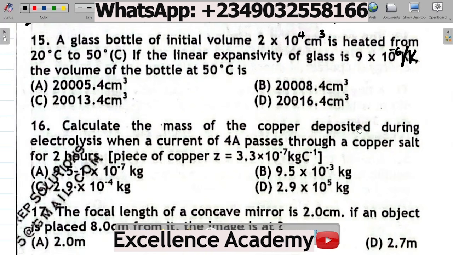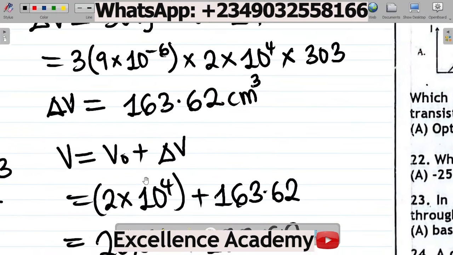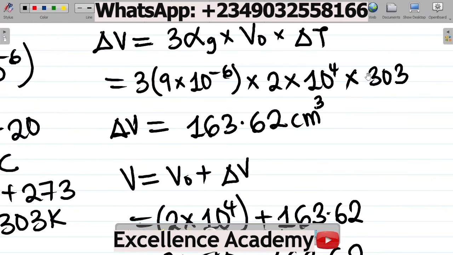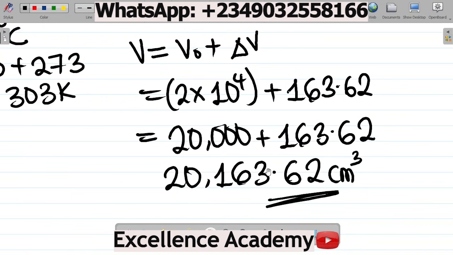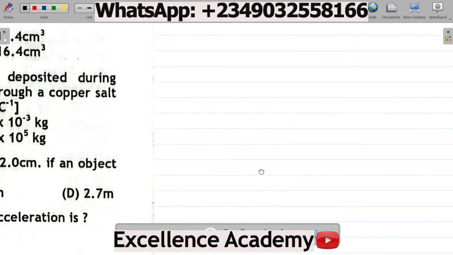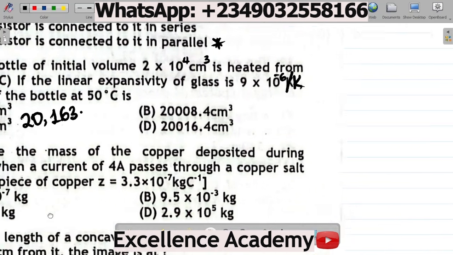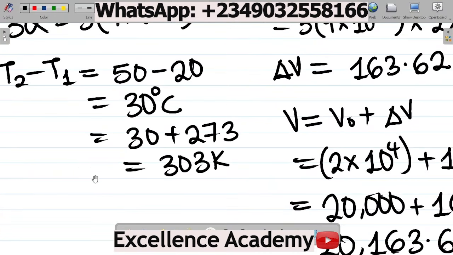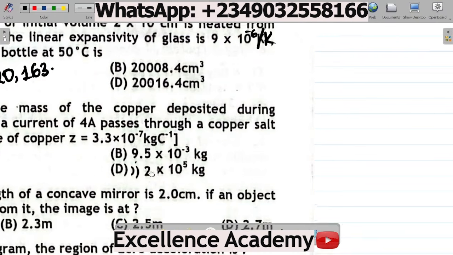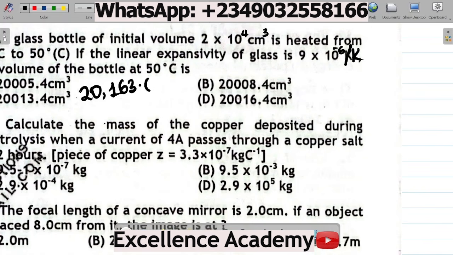If you use the value as 30 instead of 303, you will get 20016, which will give you D as the answer. But of course, you have to convert. So for this question, the correct answer is 20,163.62 in cm cube.